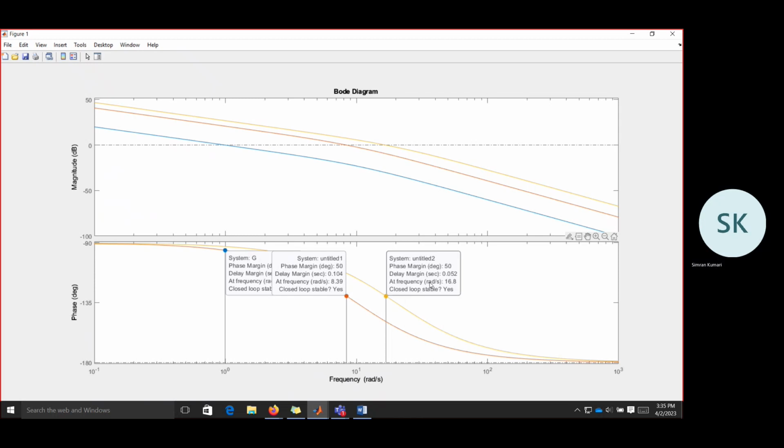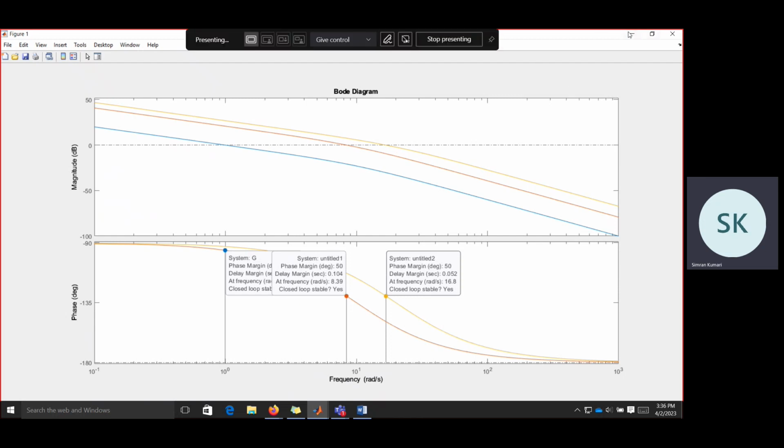So the Bode plot that we get with the lead compensator is this one. It has a phase margin of 50 and the frequency at which it is achieved is this 16.8 radian per second. So from the magnitude plot also we can say that the bandwidth has increased for the system.